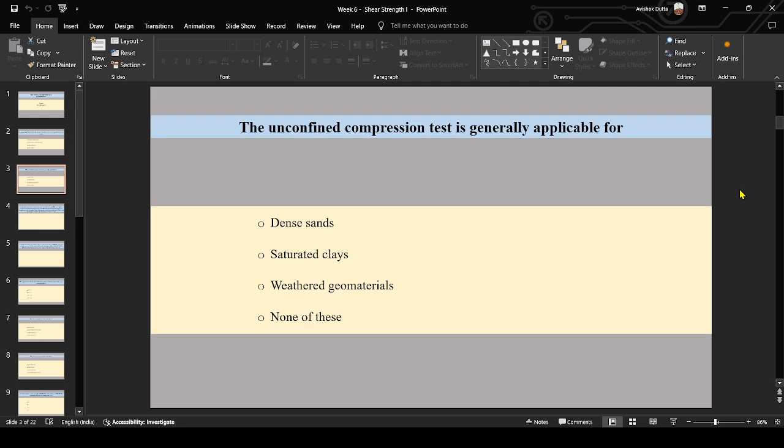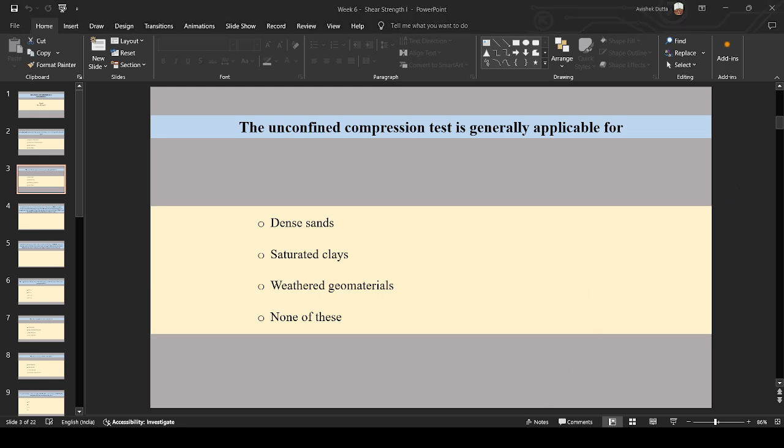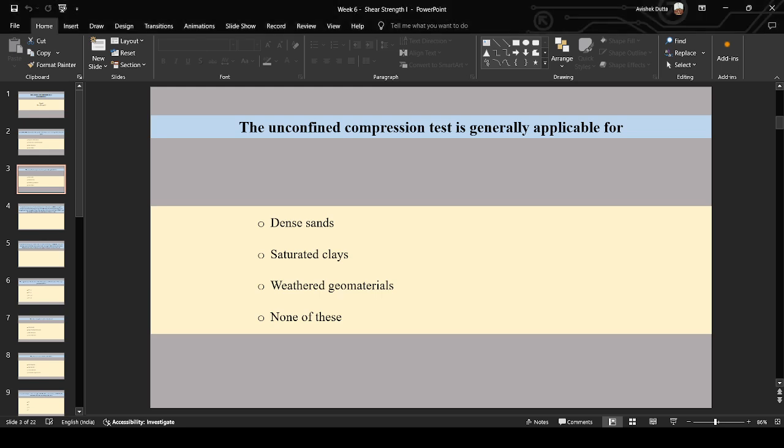I'll repeat the question. The unconfined compression test is generally applicable for, the options are dense sands, saturated clays, weathered geomaterials, or none of these. Okay. Next question.